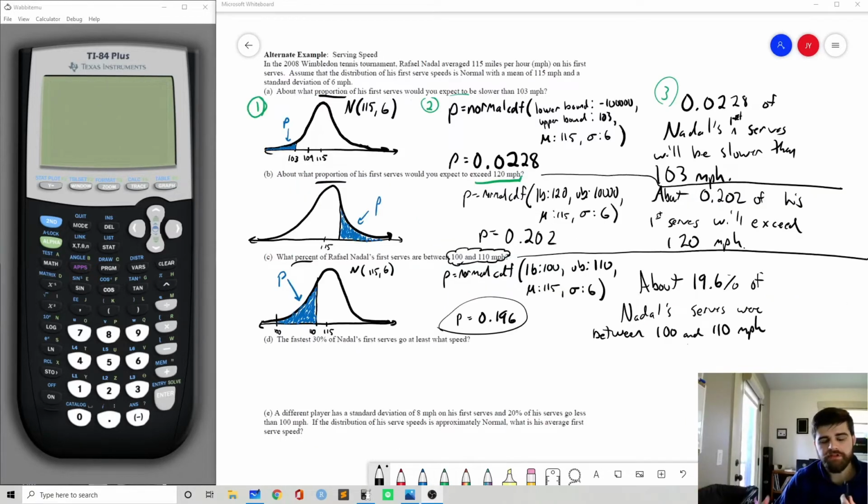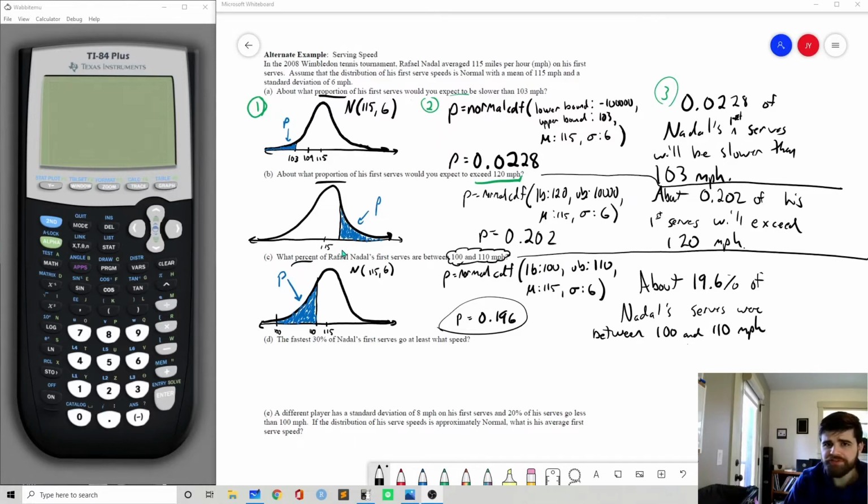All right. So the next couple problems are really similar to the one we did on part A, with some slightly different numbers. So I've already worked through these, but I'll quickly go back and walk through what I did. Part B says what proportion of his first serves would exceed 120 miles per hour. So again, I sketched out the curve, guesstimated where about 120 would be based on our mean and standard deviation.